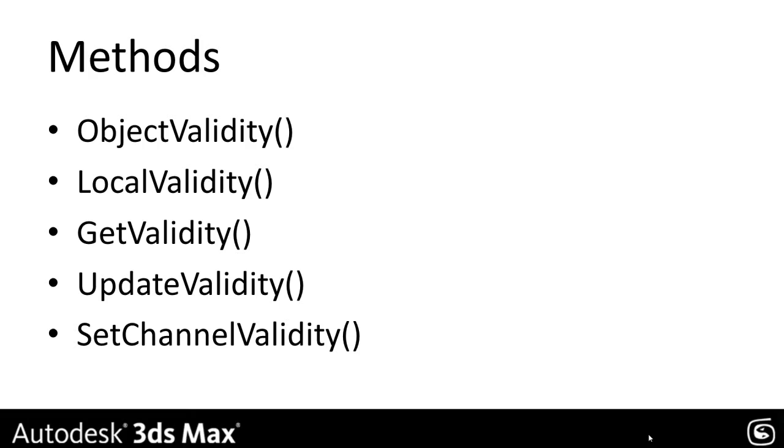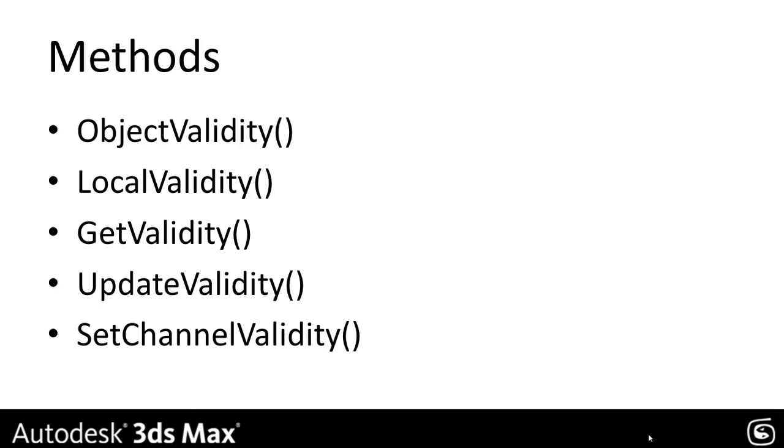Then get validity, which was also used in the sample code from yesterday. This method is called to retrieve the validity interval of the modifier, and the modifier provides this interval by starting at interval forever and intersecting each parameter. That's why we could use one to call the other, because local validity and get validity are essentially the same. Most of the time they'll return its implementation of local validity.